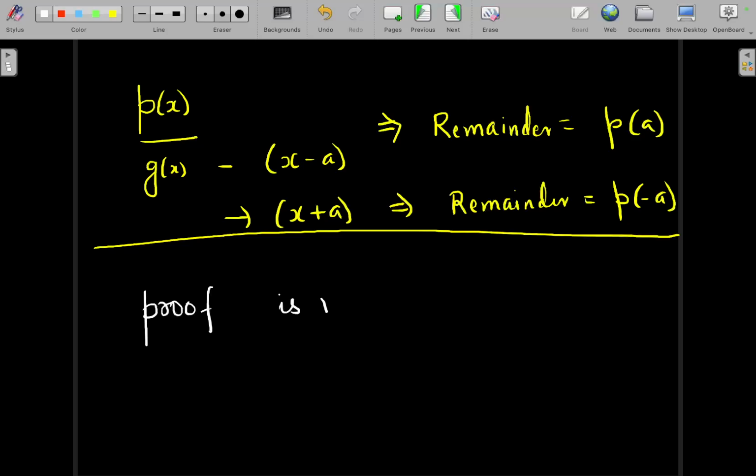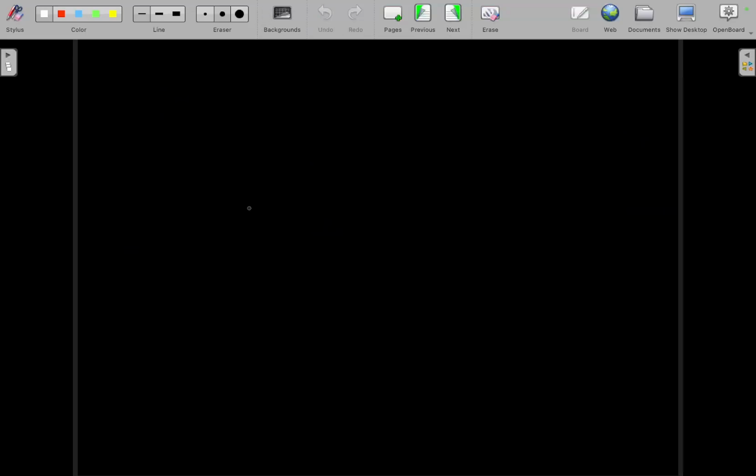Now it definitely is a very nice theorem, and the proof is very easy. Okay, so let's just write the proof, and you will see that we are very comfortable with all the steps of the proof.